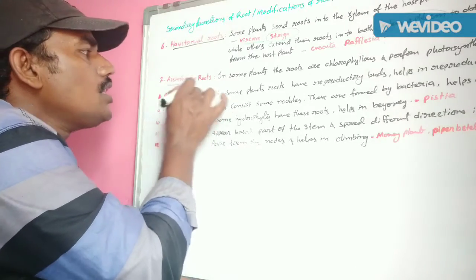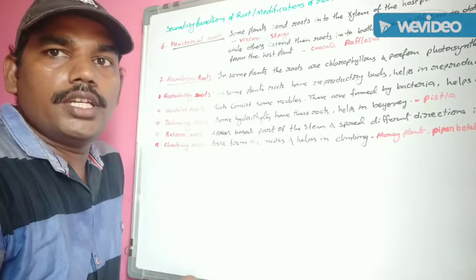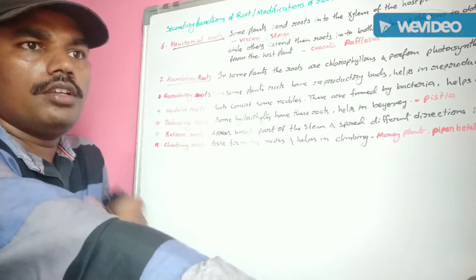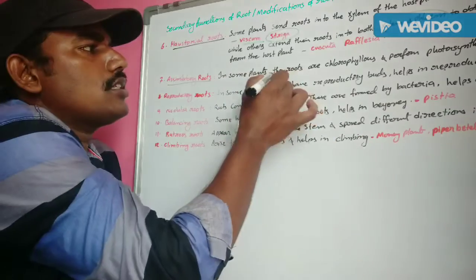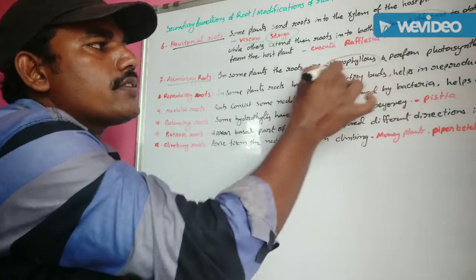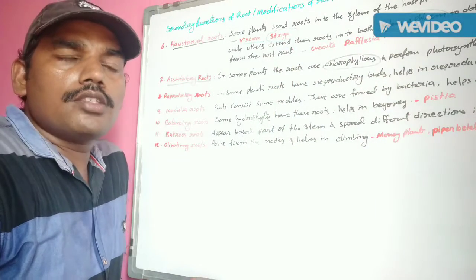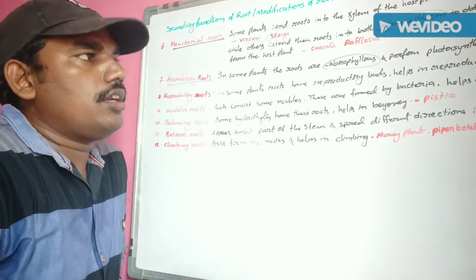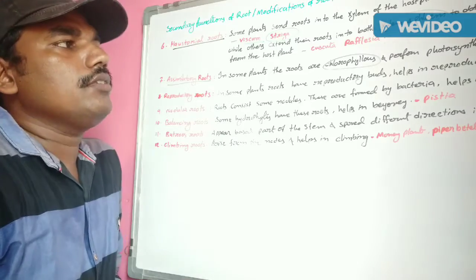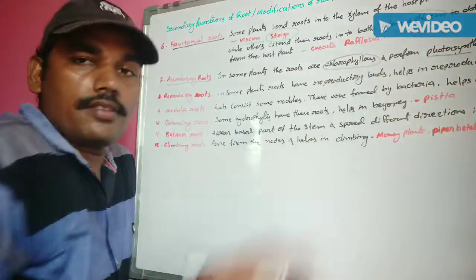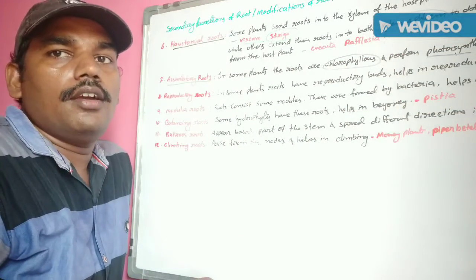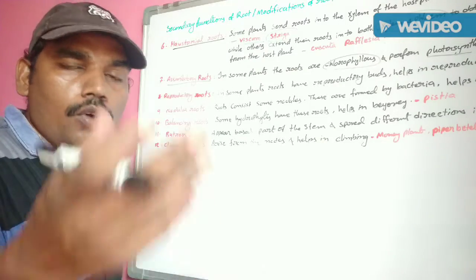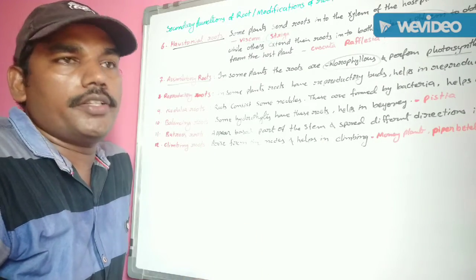Another one, assimilatory roots. Assimilation. In some plants, the roots have chlorophyll. They become green in color and perform photosynthesis to capture sunlight, and the photon energy is converted into chemical energy.